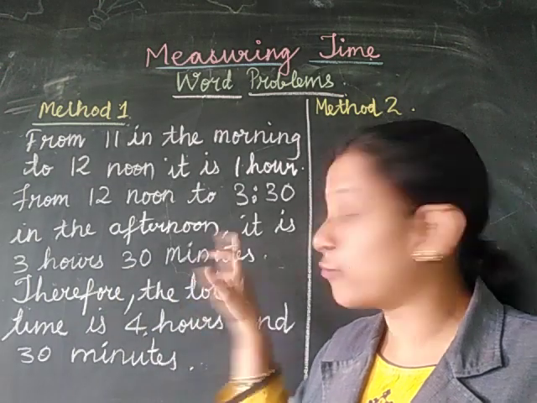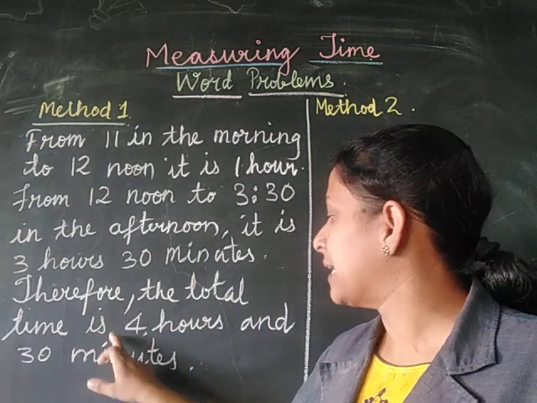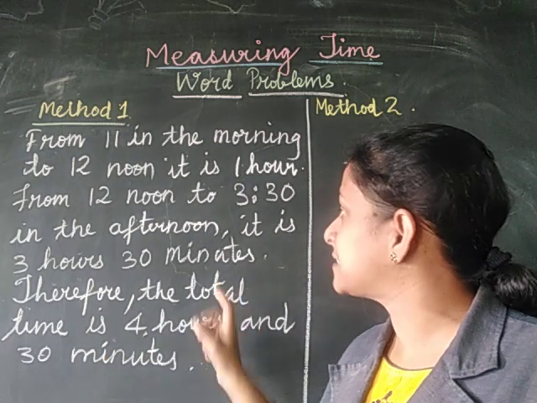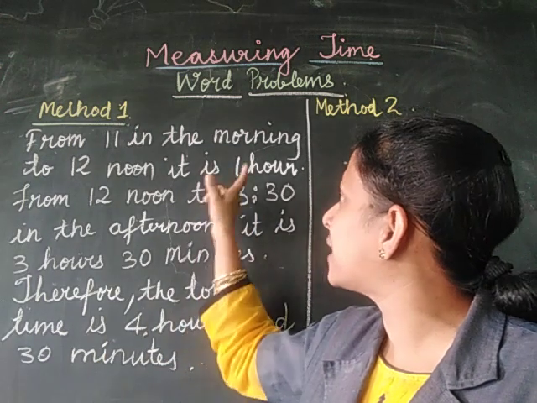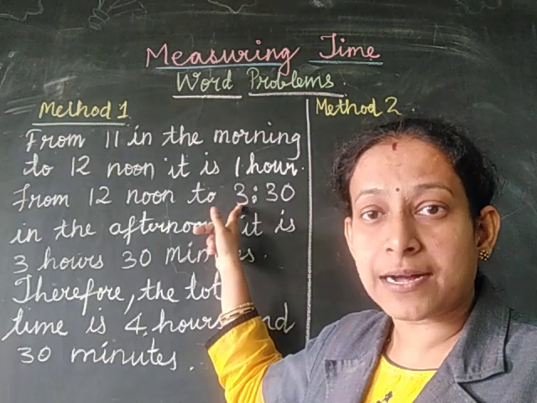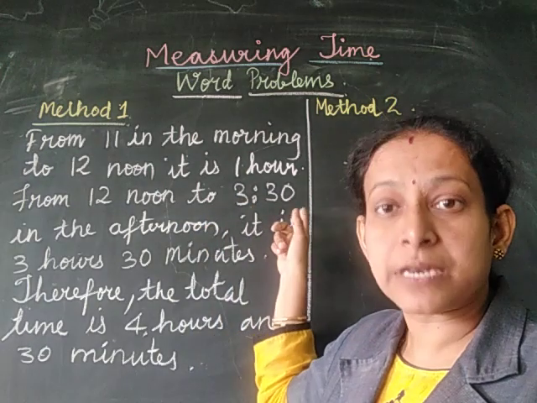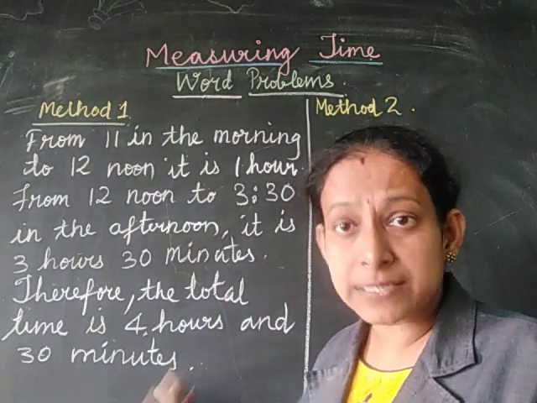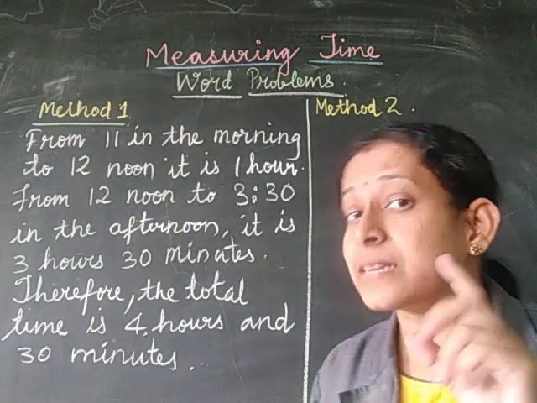Therefore, the total time is 4 hours and 30 minutes. That is, this 3 hours and this 1 hour become 4 hours, and the remaining is 30 minutes. I hope you have understood method number 1.